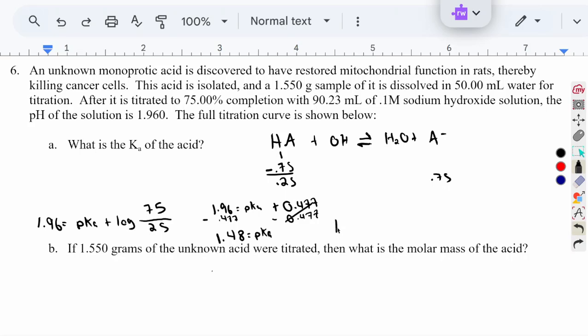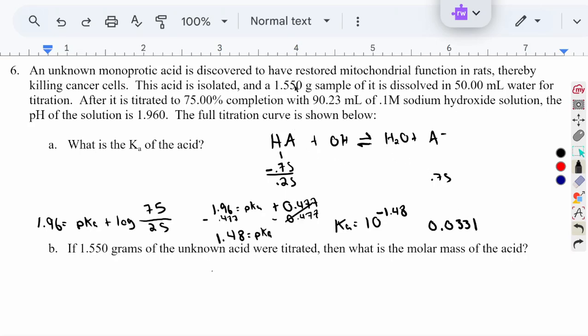Therefore, my Ka is equal to 10 raised to the negative 1.48. Again, we use negative because p is negative log. When we do the anti-log, we got to put a negative here instead. If I put that into my calculator, I'm going to get an answer of 0.0331.